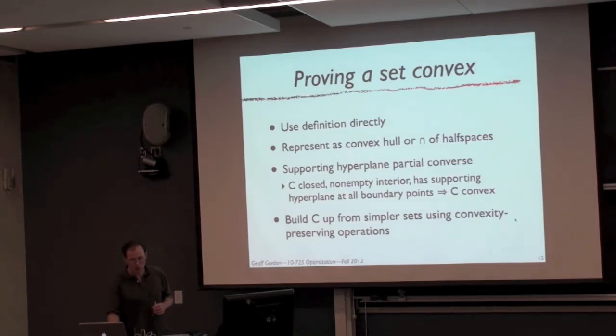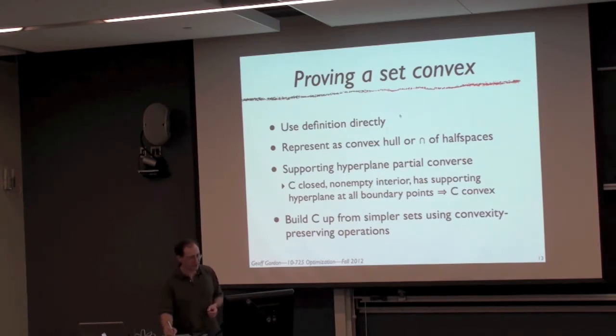So you might, at some point, be required to prove a set convex. Not saying, just, you might. There is a homework coming up. So there are a few ways to do that. Using the definition directly is perhaps the simplest one, right?